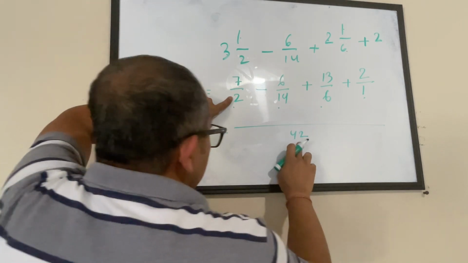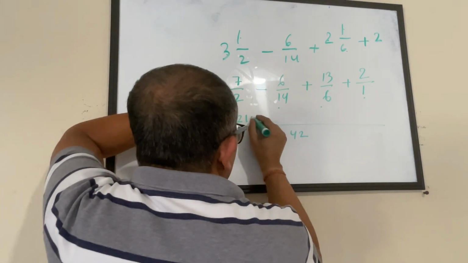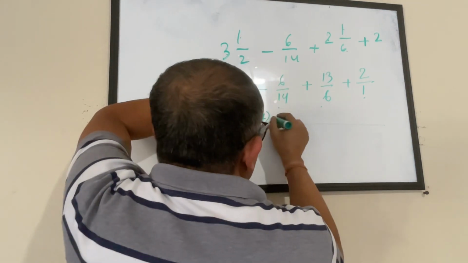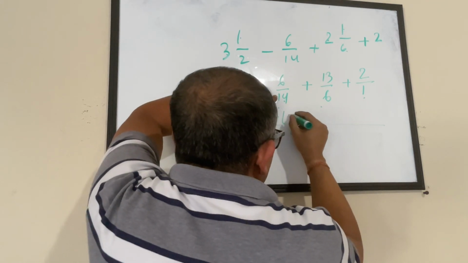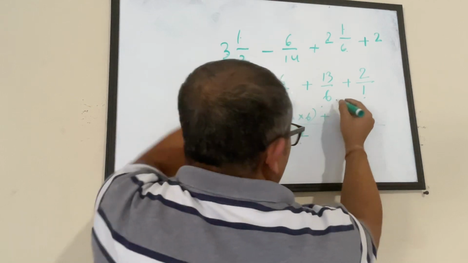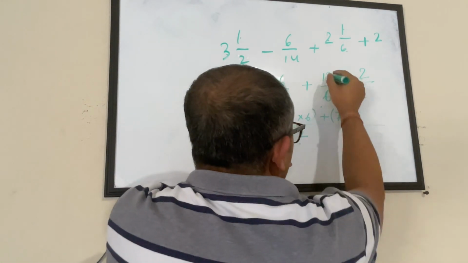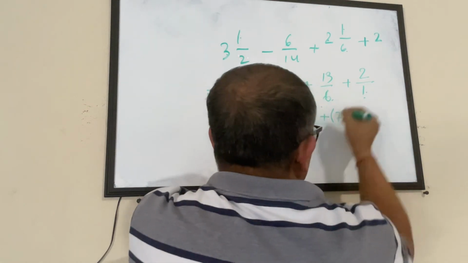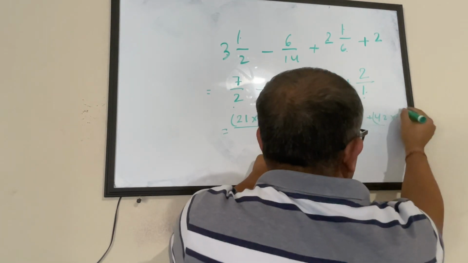So my LCM is 42. How many times of 2 is 42? 21. Multiplied by 7. Then I have a minus sign. How many times of 14 is 42? 14 3s are 42. 3 into 6. Plus, how many times 6 gives me 42? 6 7s are 42. 7 multiplied by the numerator, that is 13. Plus, how many times of 1 gives me 42? 42. Multiplied by the numerator, that is 2.